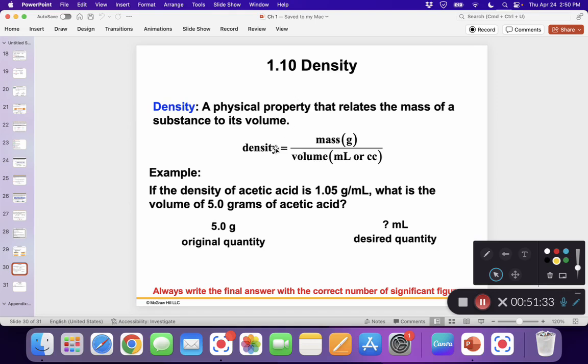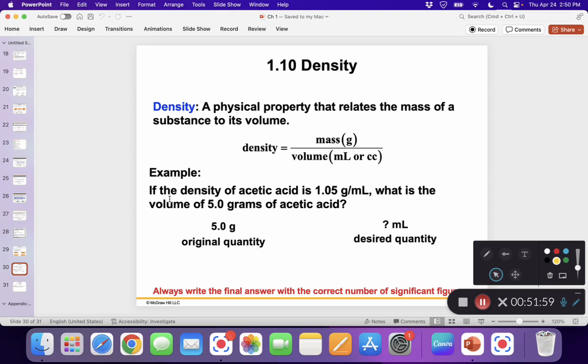Density is actually a physical property that relates the mass of a substance to its volume. So the density is defined as mass per volume. So we can use the dimensional analysis or unit conversion method to find out when 2 of these variables are given and the third is unknown.